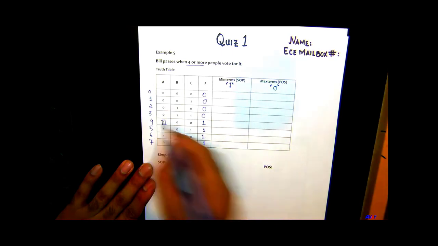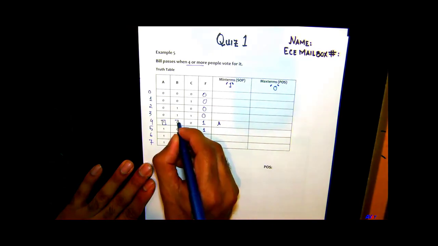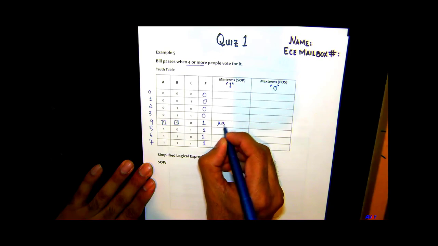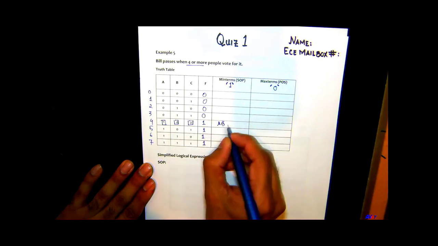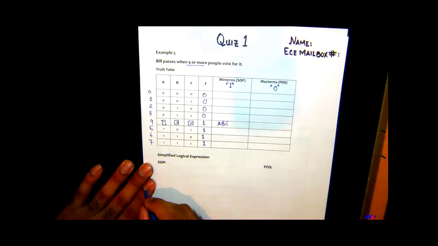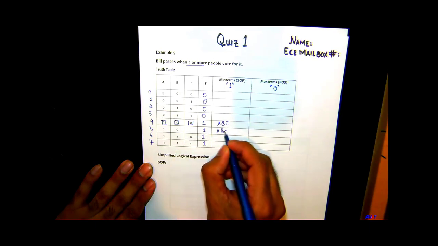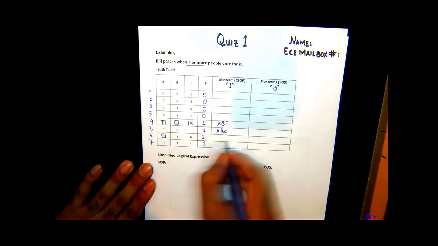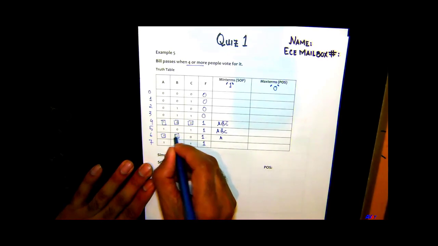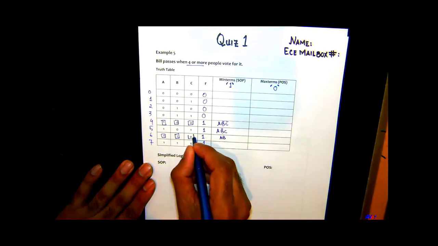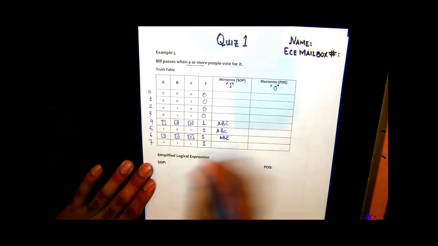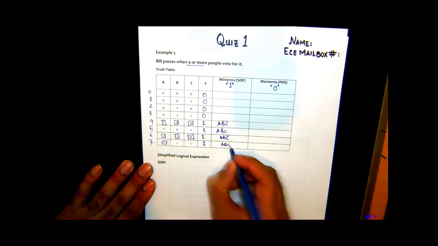This represents A, this represents B bar, and this represents C bar, correct? Similarly, this is going to be A, B bar, and C. This represents A, this represents B, and this represents C bar, correct? And this one is basically all ABC. That was easy.